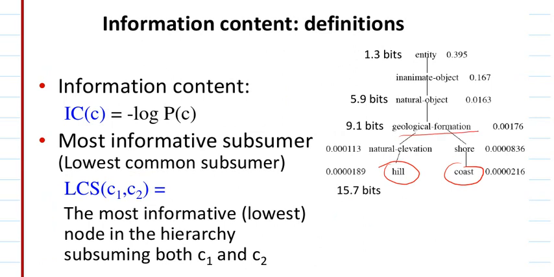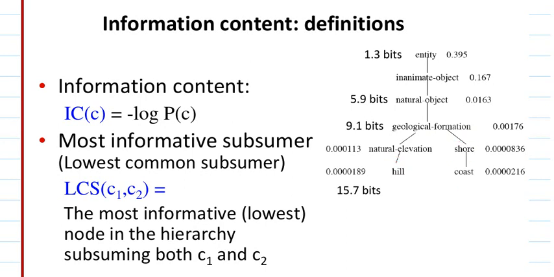So we go up in the graph, and then we see where these two paths meet, and that is the lowest common subsumer of the two concepts or two words, right? The lowest common subsumer of hill and shore is also geological formation.